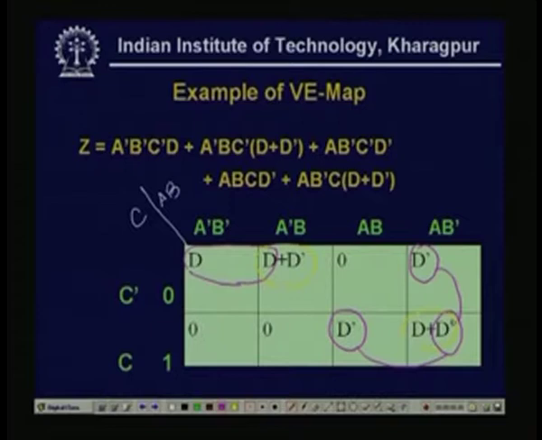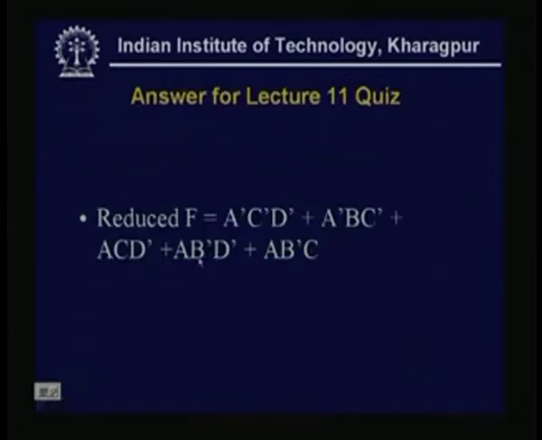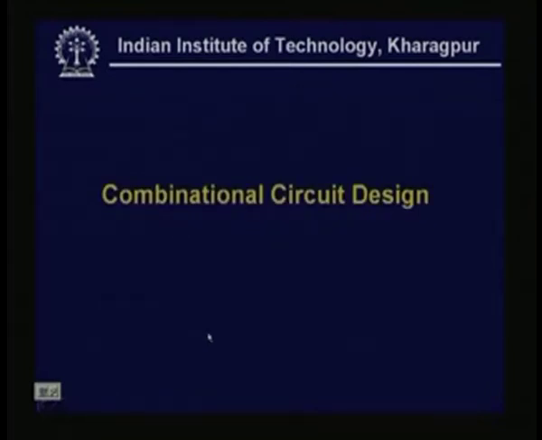So, now I got 1, 2, 3, 4, 5 such couples, where in some the element itself is D plus D', which makes some reduction. Now, if we do that, the reduced function will be A'C'D'. How is this A'C'D'?